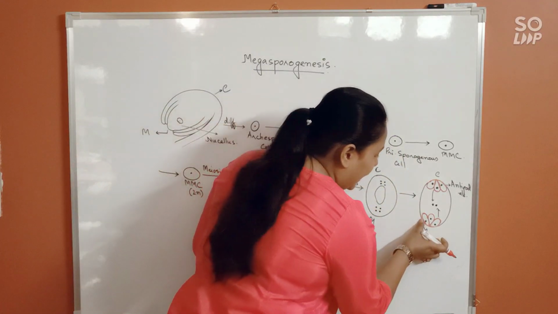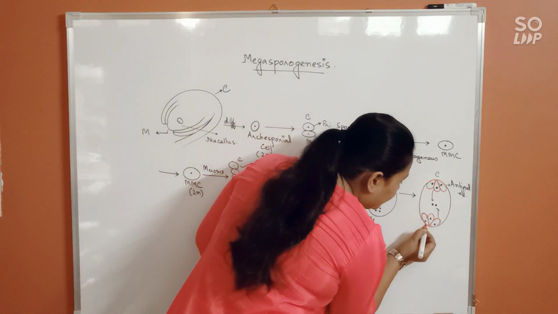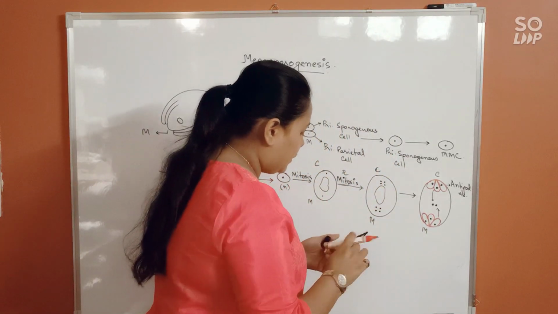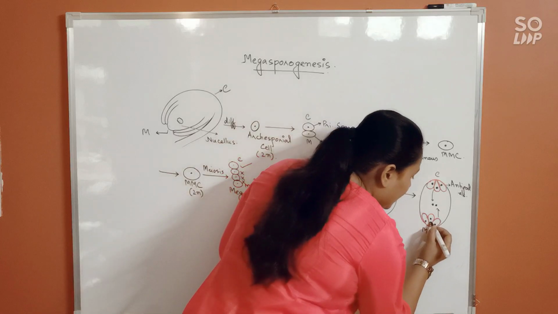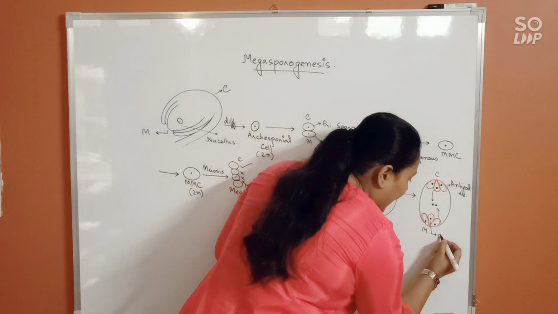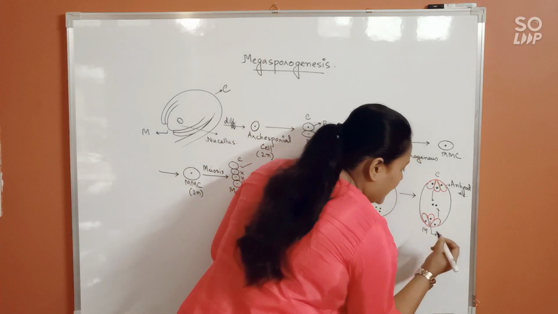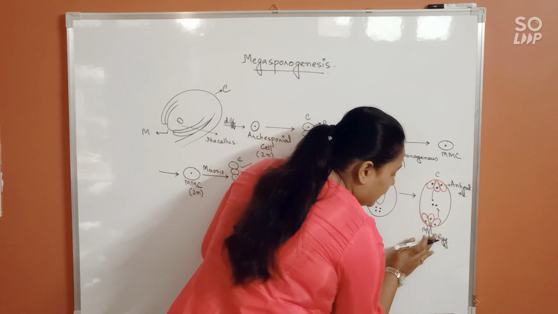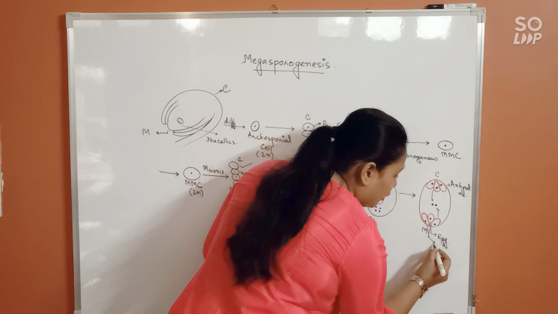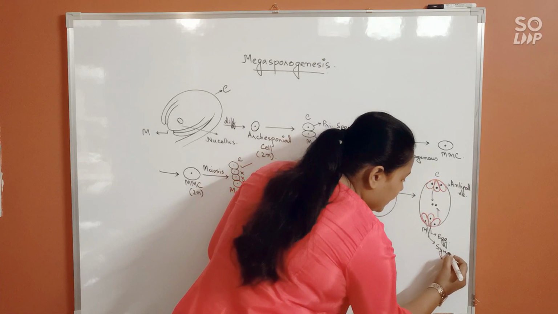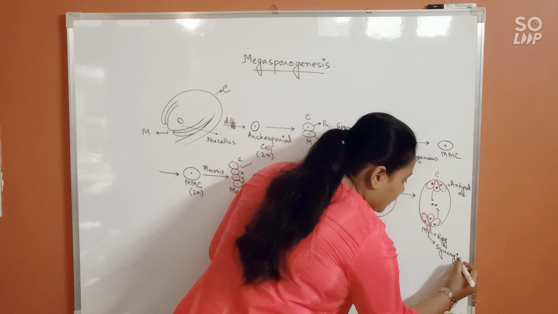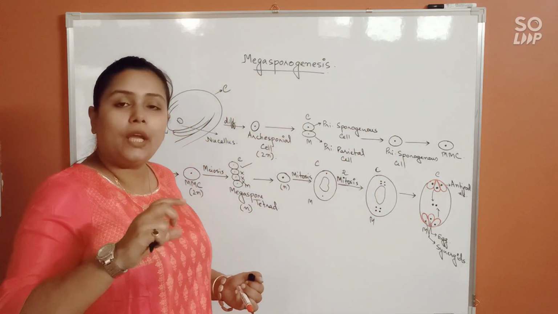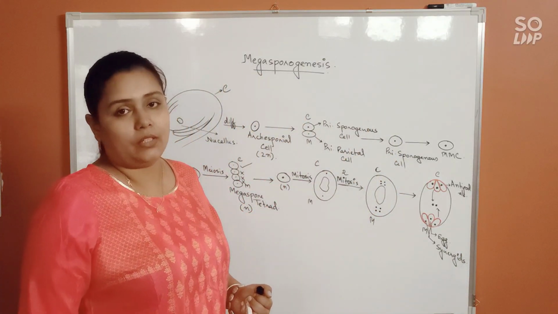Okay? And hence, out of these 3 cells, this middle one is called the egg, the female gamete, and these 2 on the sides of the egg are called synergids. Synergids.